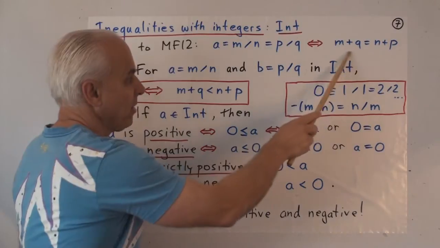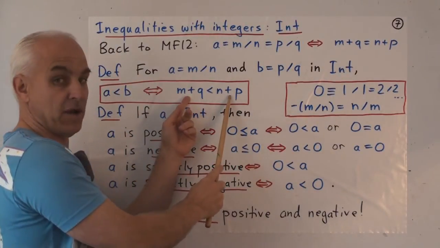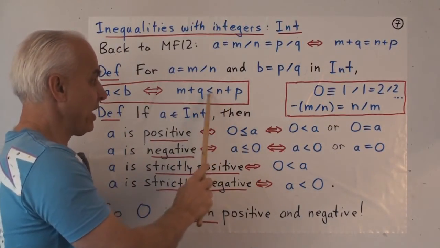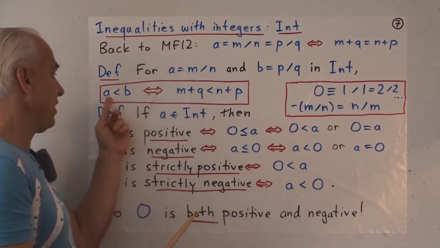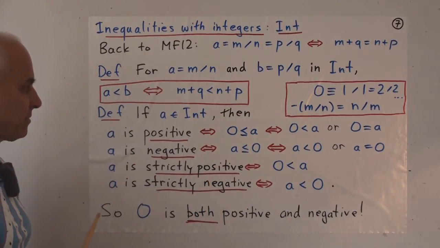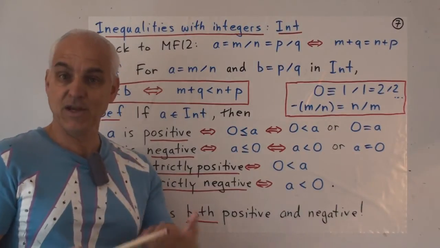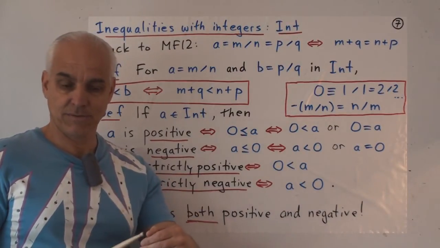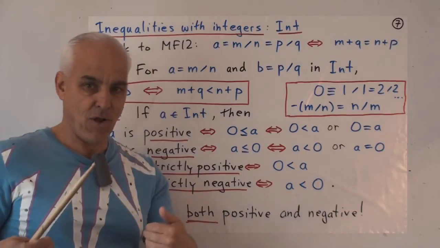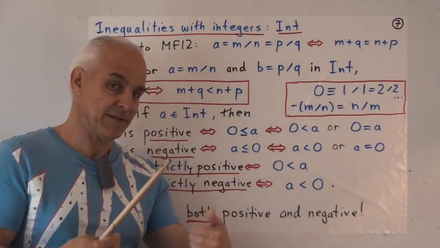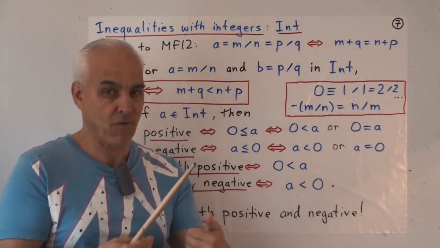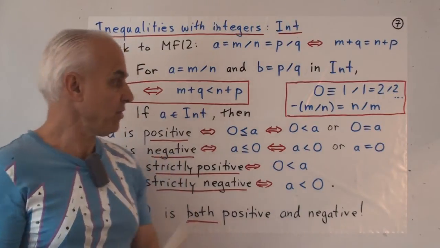They're equal when these two quantities are equal. But if this one is bigger than this one, then we say that b is bigger than a. So this expression reduces to knowing the inequality for natural numbers. So the inequality for integers is dependent on the inequality for natural numbers, which is only fair.